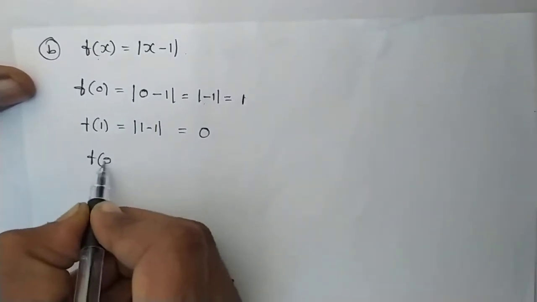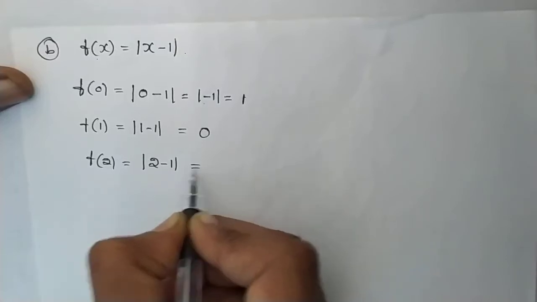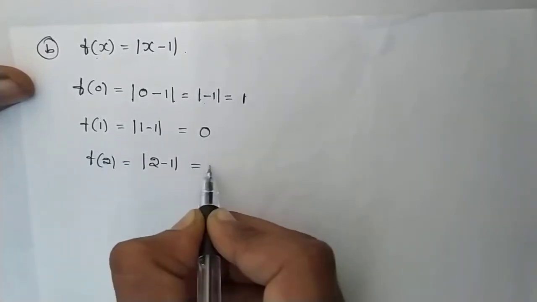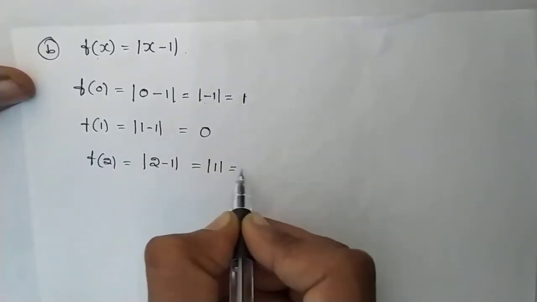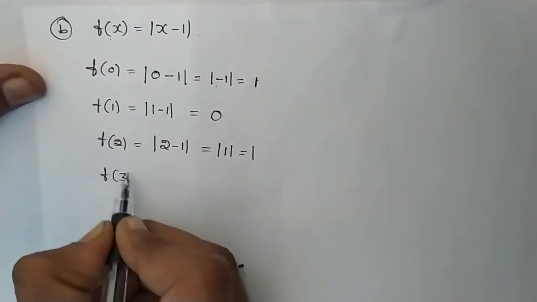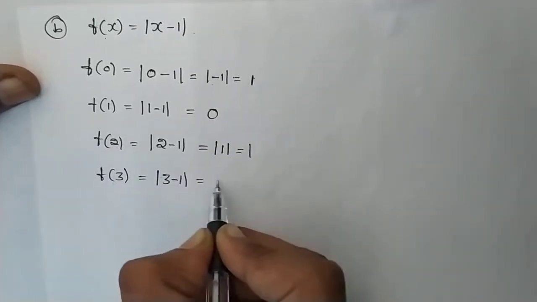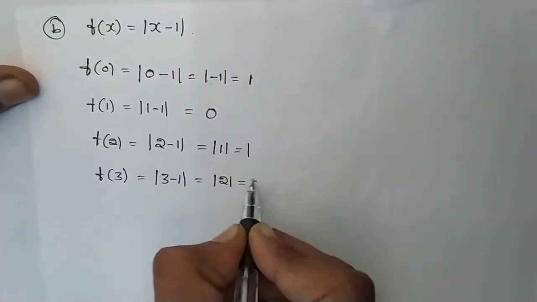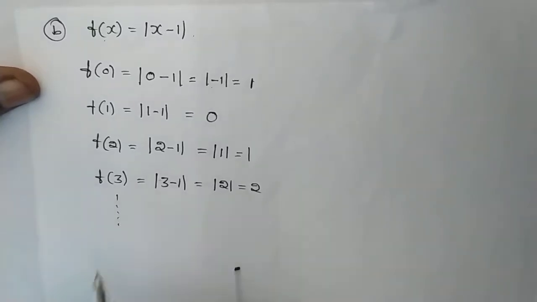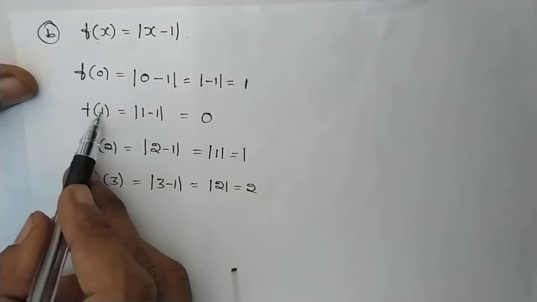F of 2 equals modulus of 2 minus 1 equals modulus of 1 equals plus 1. Now f of 3 equals modulus of 3 minus 1 equals modulus of 2 equals plus 2 and so on. Like this we will get the values. All these are the positive numbers.